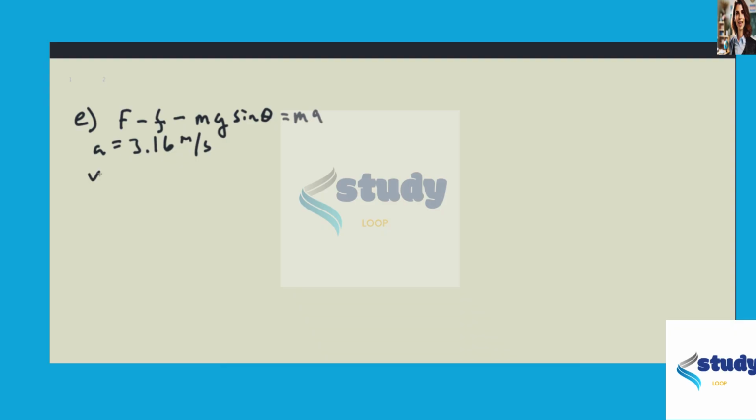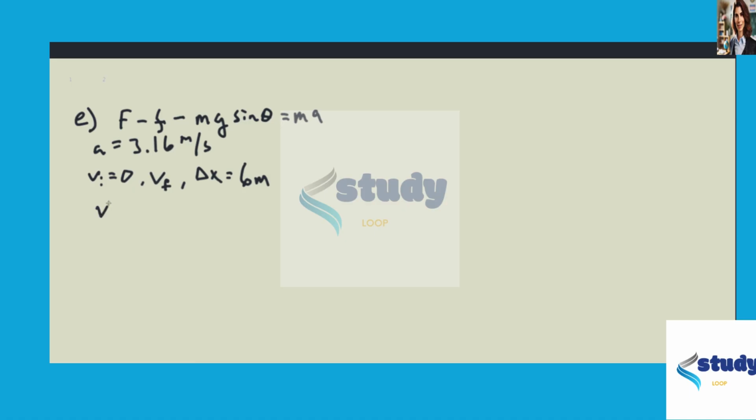So if our initial speed is 0, as we're told, v sub f is what we're looking for. The distance over which this force acts is delta x. To do less writing, it's equal to 6 meters. So this is the length up the ramp it's being pushed.